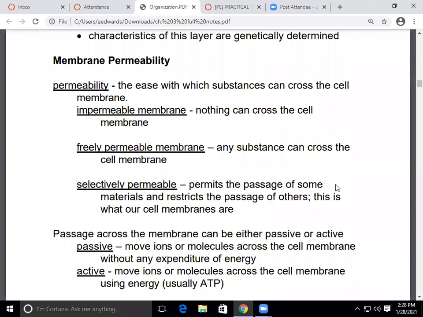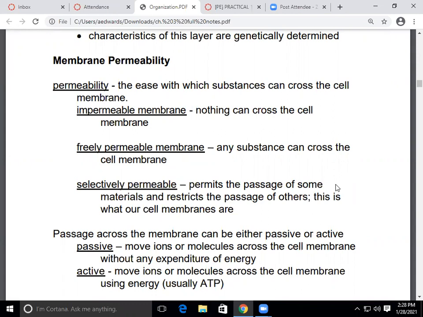So now that we've covered parts of the membrane, let's go ahead and talk about permeability in the membrane. So what is permeability? Well, it's basically how easily substances can get across the cell membrane. Now, membranes could be impermeable, which means nothing can get across.